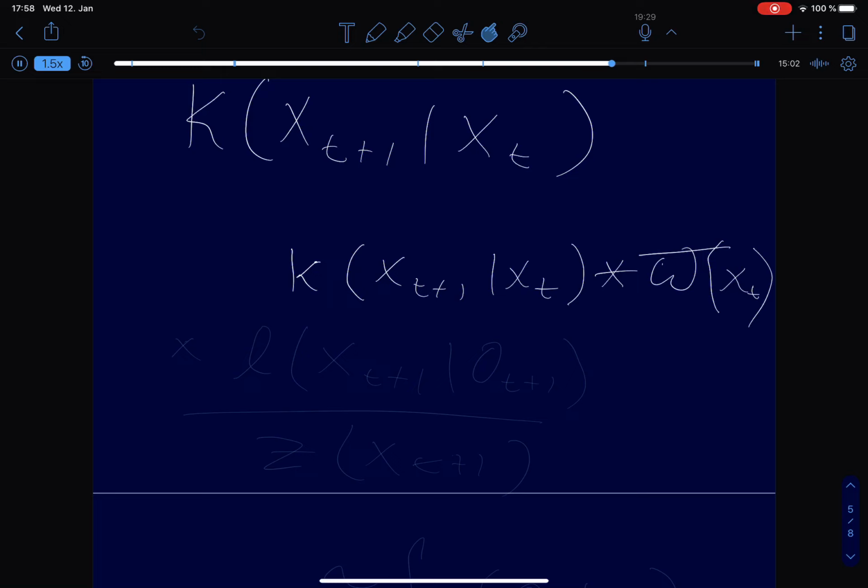And then this is also multiplied by the likelihood of x of t plus 1 given the observation t plus 1, right, and normalized. So this is actually a nonlinear operation.